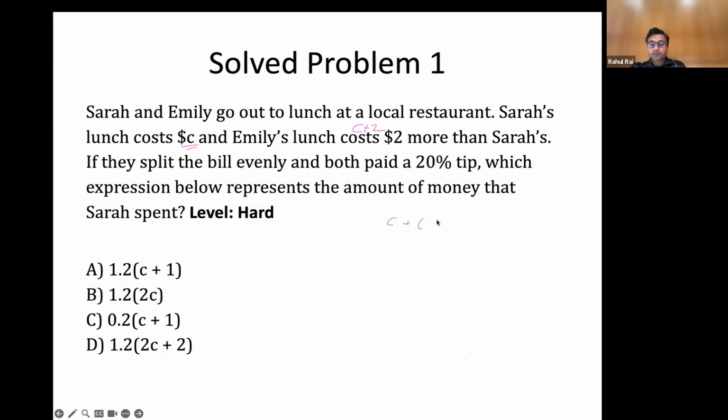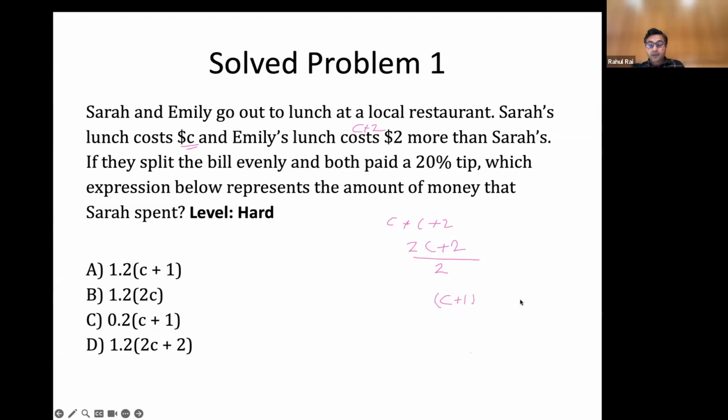C plus 2, right? C is Sarah's cost and Emily's cost is C plus 2. If I sum this up, this is 2C plus 2. Now, each of them is splitting, so each person's cost is going to be (2C plus 2) divided by 2, because they are splitting that cost. So the individual cost for Sarah and Emily will be this.